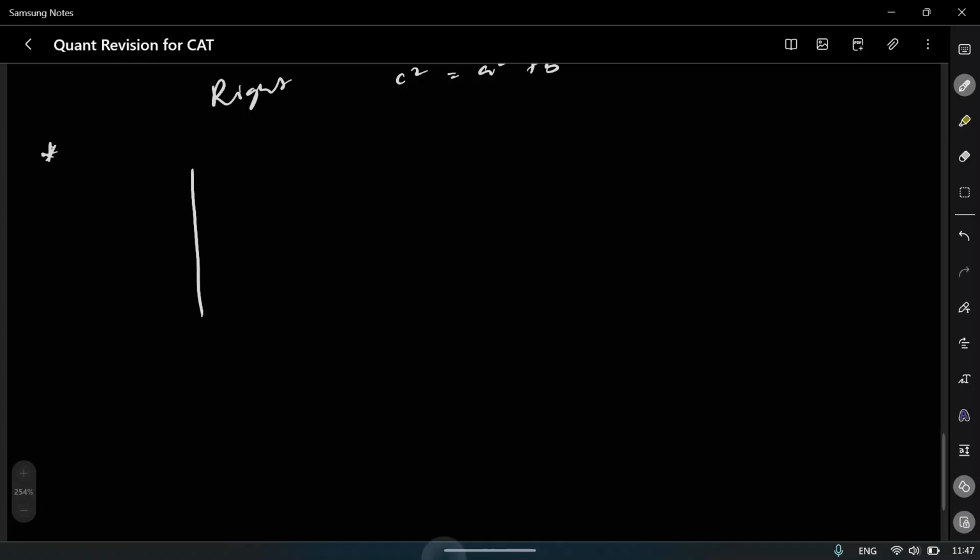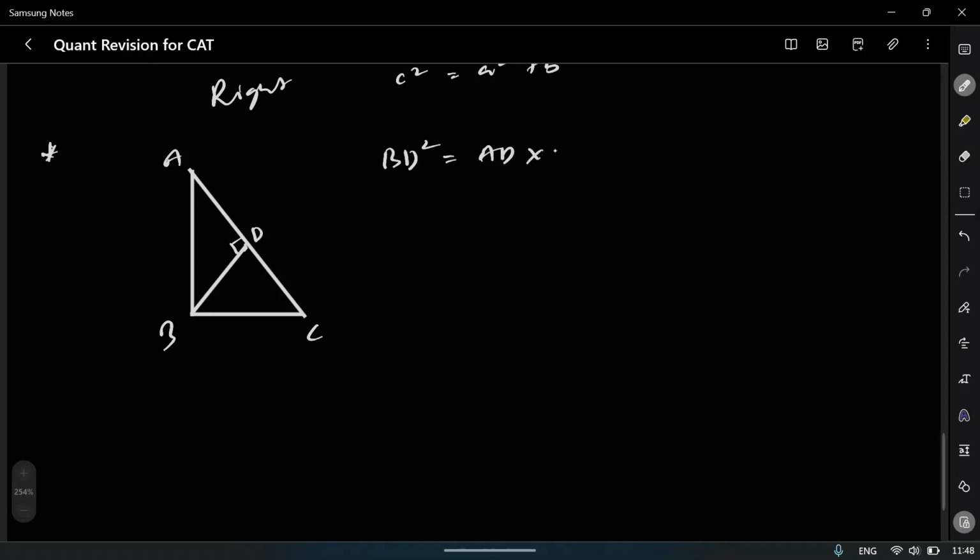Let us take a right angle triangle ABC, right angled at B, and draw a perpendicular to AC at D. So BD square equals AD into CD.